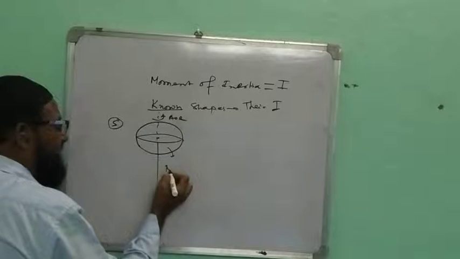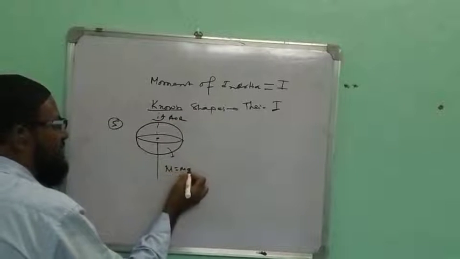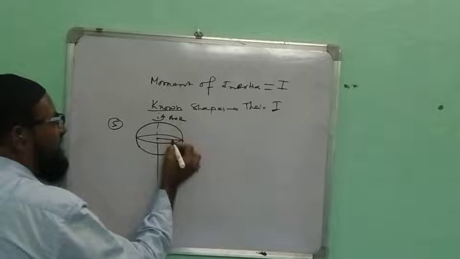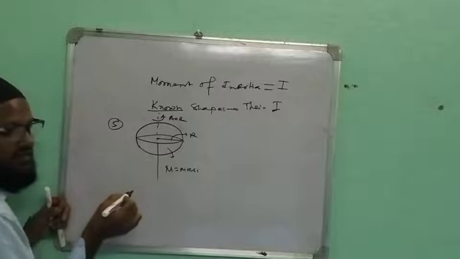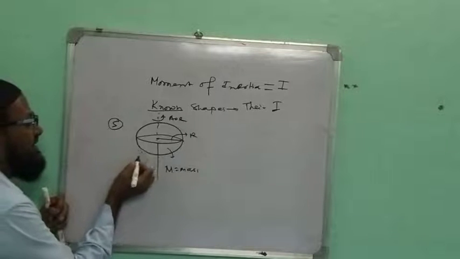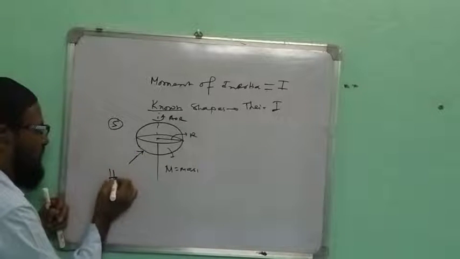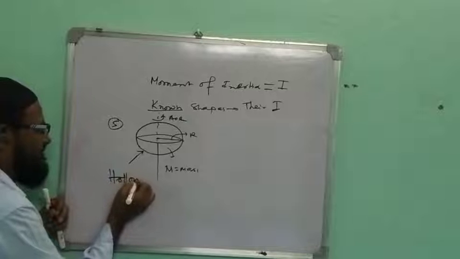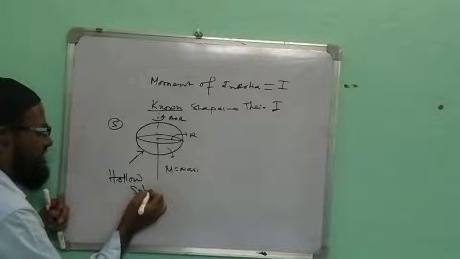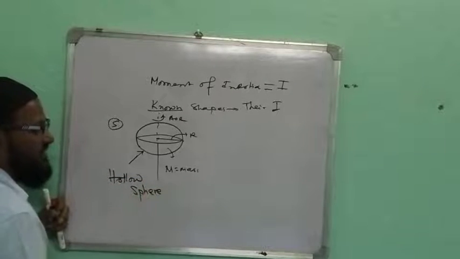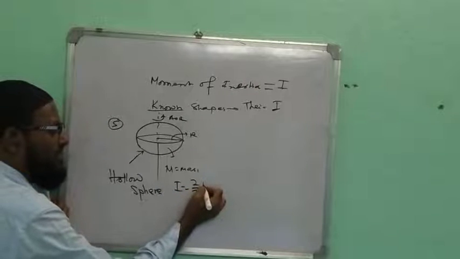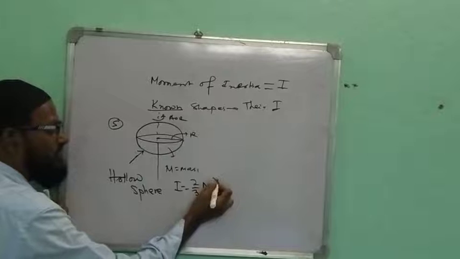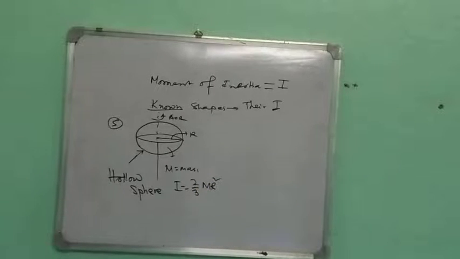Its mass is M and radius is R. This is known as a hollow sphere. Its I equal to 2 by 3 mr square. Please write down. Hollow sphere, 2 by 3.